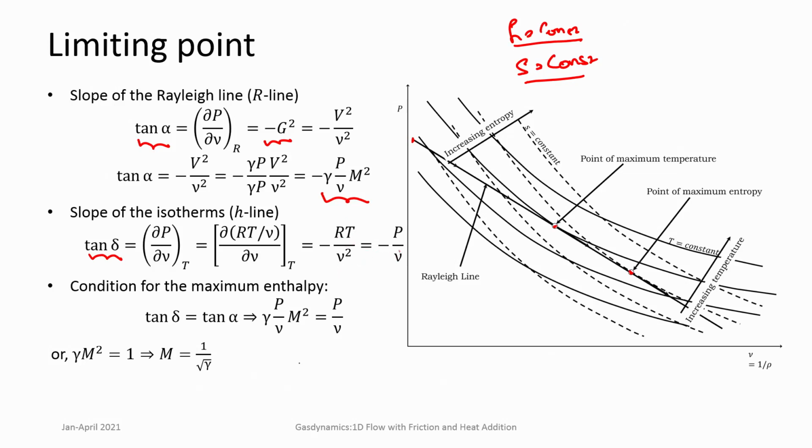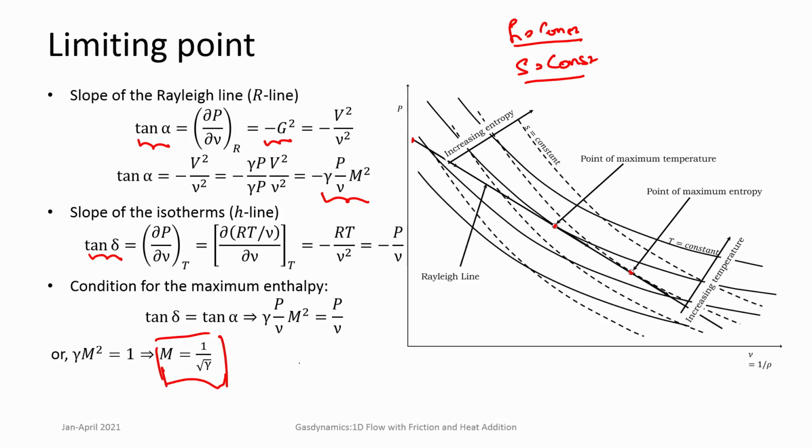Then RT by V is P by V. So, now at the point of maximum enthalpy, that is a tangency condition between the temperature constant curve and the Rayleigh line. So, gamma p by v M square is equal to p by v. So, from here you get M square is equal to 1 by gamma, or M is equal to 1 by root gamma. So, this establishes the relation for the point of maximum temperature.